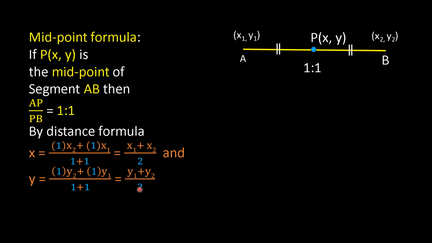Therefore, we get the midpoint formula to find the coordinates of the midpoint of segment AB, which is P(x, y). The x coordinate of point P will be (x1 + x2) upon 2, and the y coordinate of P will be (y1 + y2) upon 2. These are called the midpoint formula.